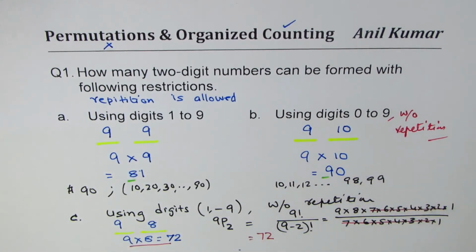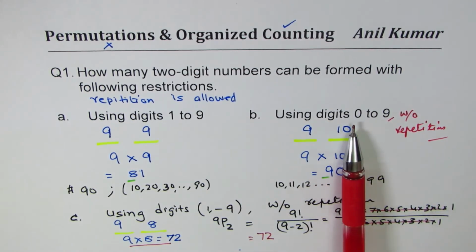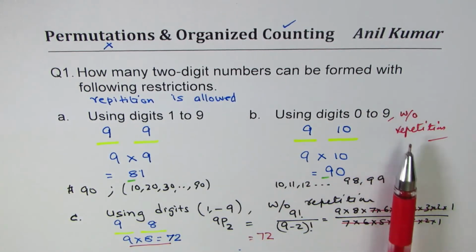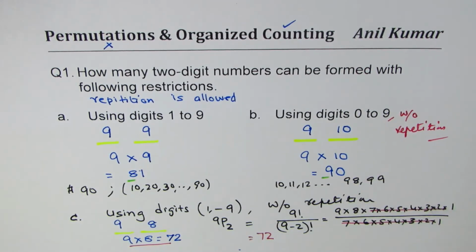So that is your question. How many 2-digit numbers can be formed using digits 0 to 9 without repetition? That means numbers like 11, 22, etc. are not valid, right? Since you cannot repeat a digit more than once. Is it okay? So that is how we actually find the numbers, or we do the counting of different options.